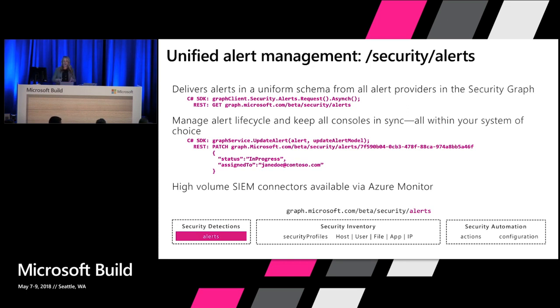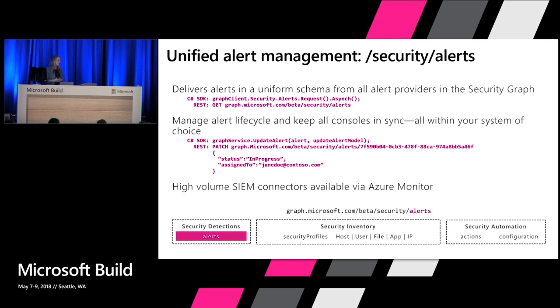One of the challenges that we often hear from customers is that it's time-consuming to keep security alerts in sync across all of their systems. In fact, likely they just make those updates in one place, and everything else is out of sync.